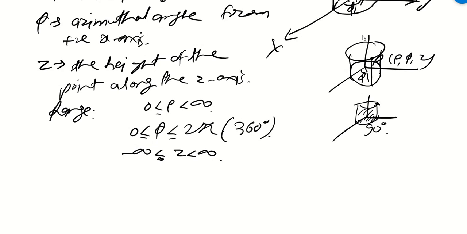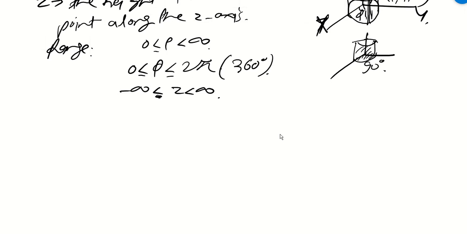It is a line symmetry, since the z axis is there. If you put the line along the z axis, then you will have a symmetry around this, right? So you can say line symmetry exists in the cylindrical coordinate system. So the last one is the spherical coordinate system.